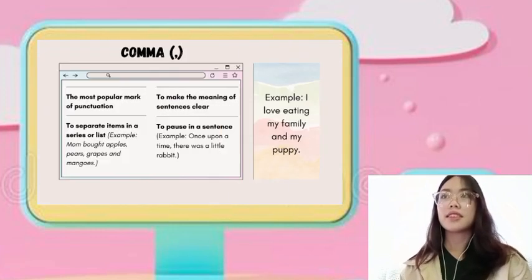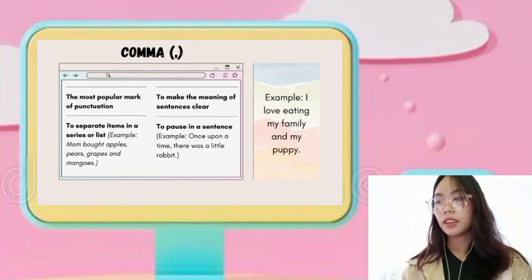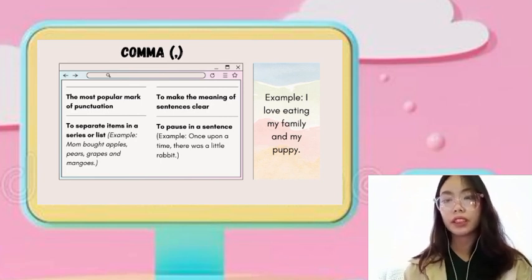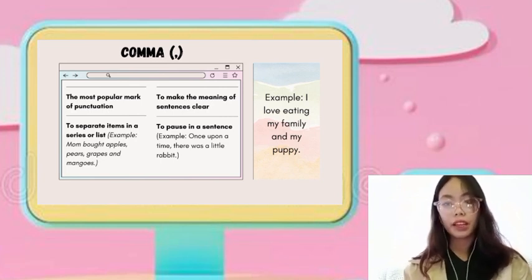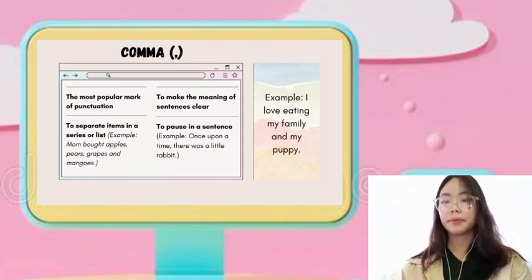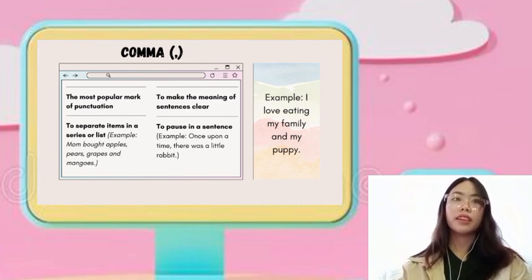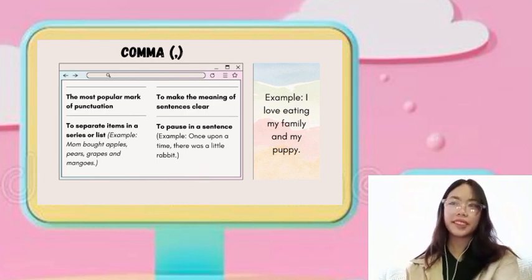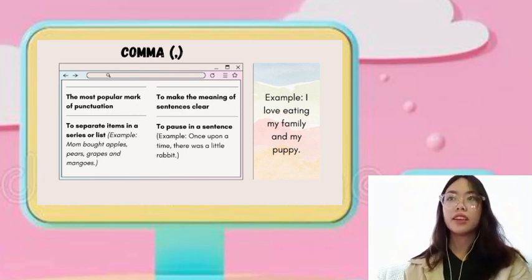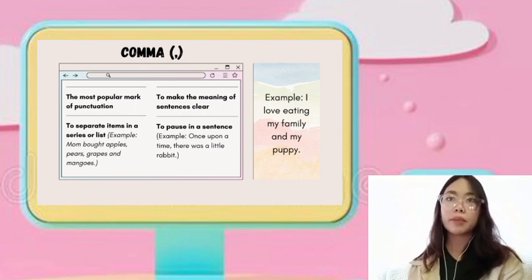Next is comma. So if the period means full stop, how about the comma? How do we use it? Okay, comma means pause. Comma is the most popular mark of punctuation. Comma is used to make the meaning of sentences clear, just like the example earlier.